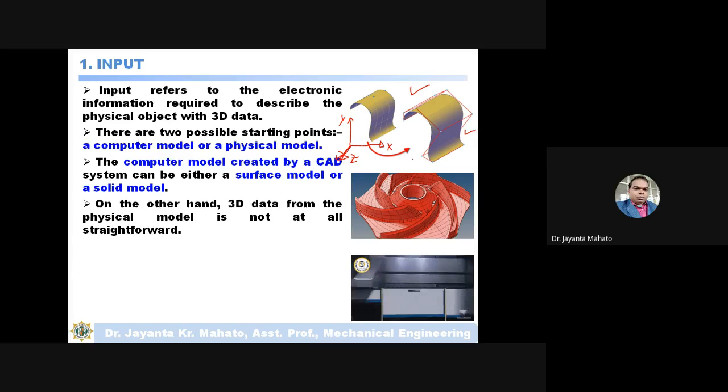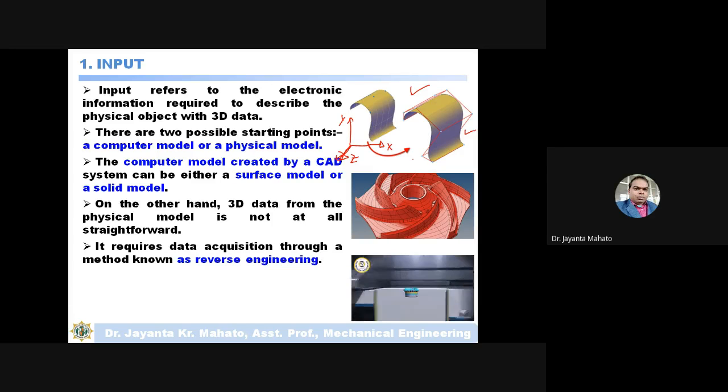Okay. On the other hand, three-dimensional data from the physical model is not at all straightforward. To generate this three-dimensional data is not easy and not very straightforward. So it requires data acquisition through a method known as reverse engineering.